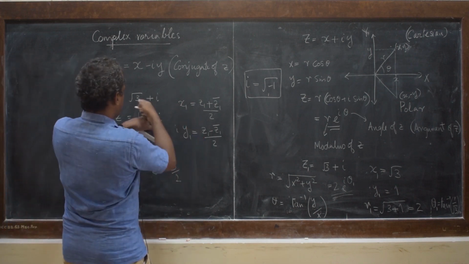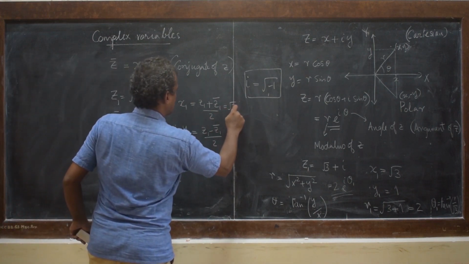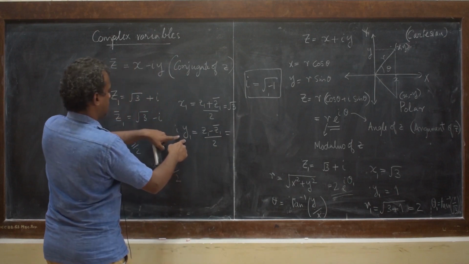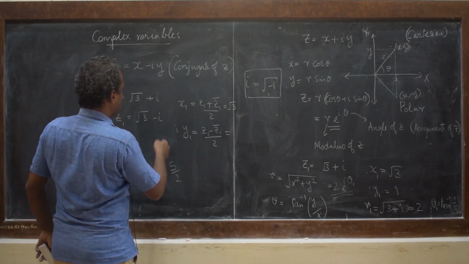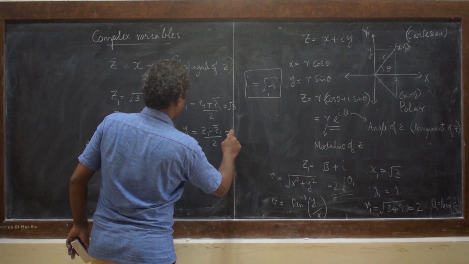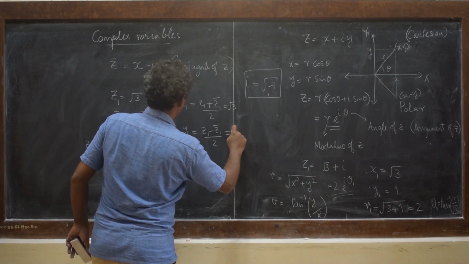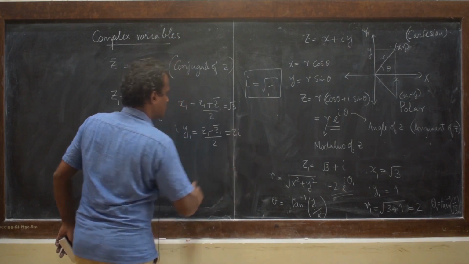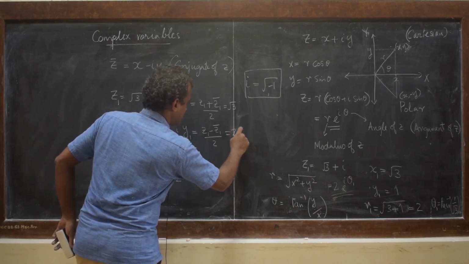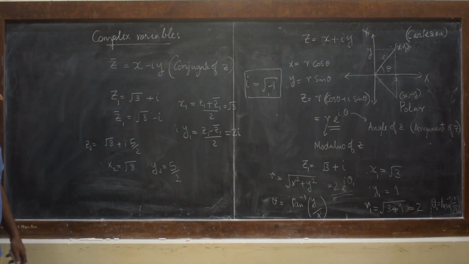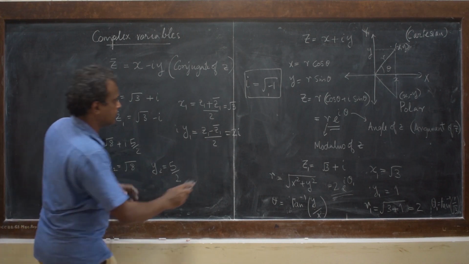The value of x1 in this case is square root 3, and the value of i times y1 in this case happens to be i.